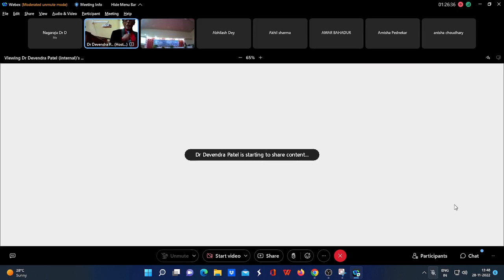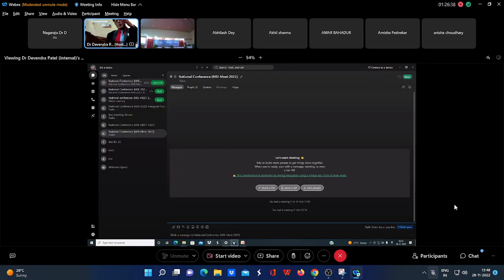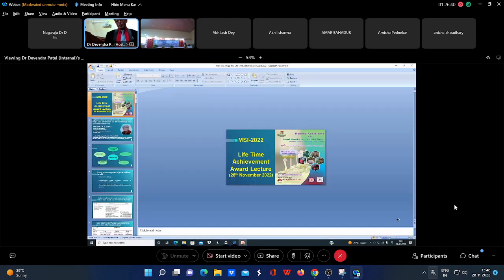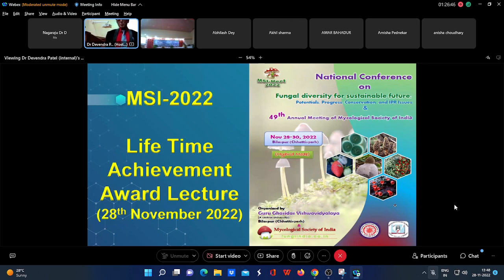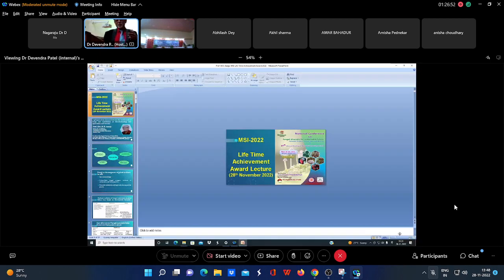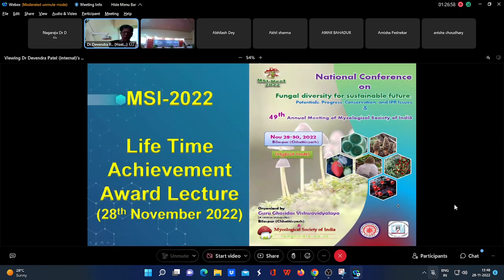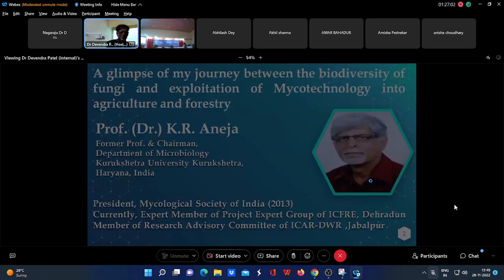When we talk of the decomposition, two patterns of colonizers were known at that time. One pattern was suggested by Garrett, 1960, that is the American, and another was by Hudson, British, 1968. If a land substrate is going to be colonized, what are the fungi which are growing, and what is the pattern?